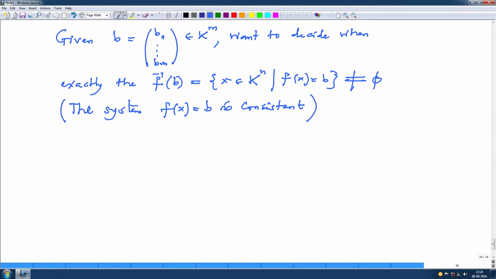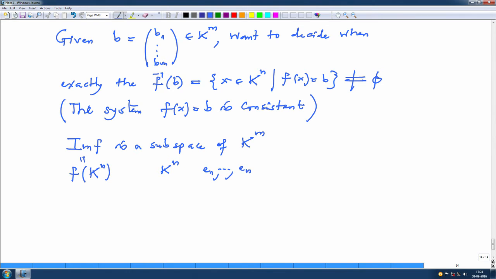So, now note what the image of f is. Remember, the image of f is a subspace of k power m. Which subspace? This is f of k power n. But in k power n we know e1 to en is a basis, that is, k power n is generated by these.